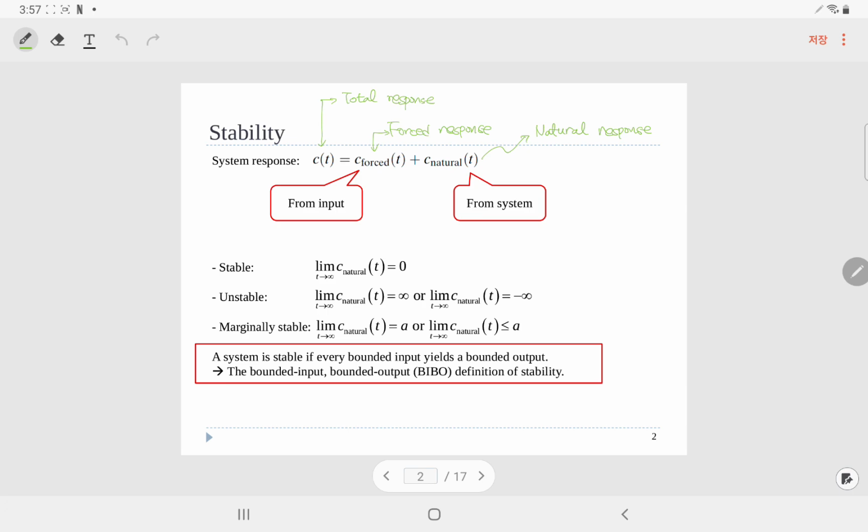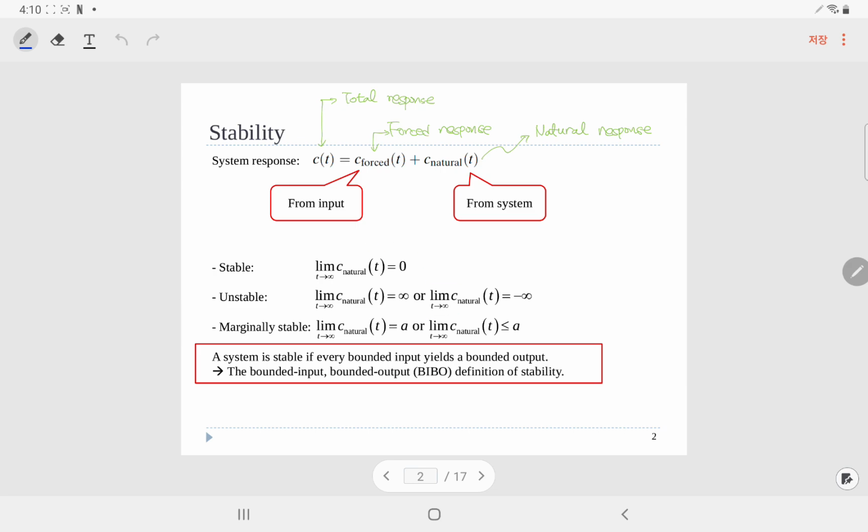So if the natural response belongs to one of these cases, then the system is called marginally stable. These three definitions mean that the system stability, instability, and marginal stability depend on the property of the natural response.